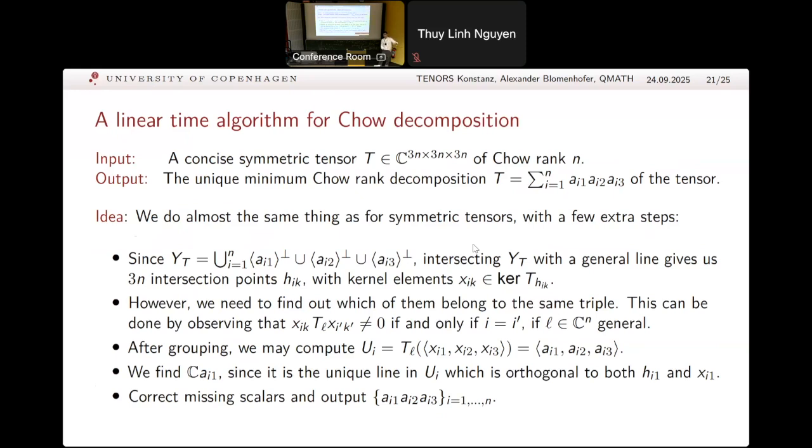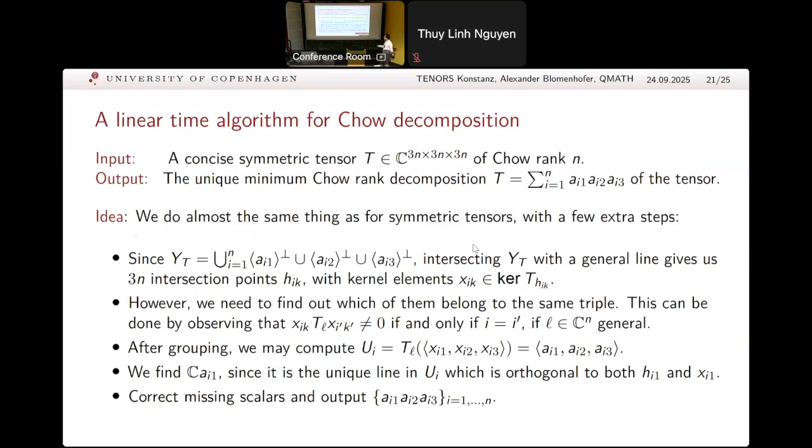Now you take another generic contraction TL. You take this test xi_k transposed, sorry, times TL times xi'_k'. All right. And then from there, if you're careful enough, you can extract the decomposition. That's basically how it works.